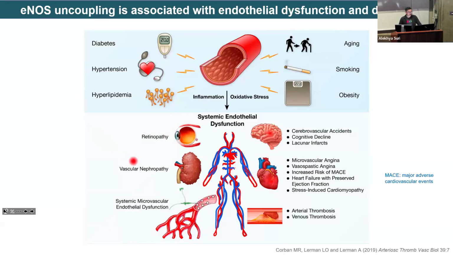There can be vascular nephropathy, so kidney damage. Your patients are prone to ACVs, cerebrovascular accidents. For some reason, I gave you the Spanish acronym, which is ACV. Heart problems, angina.